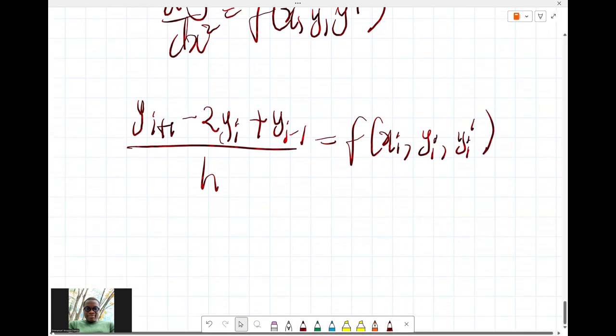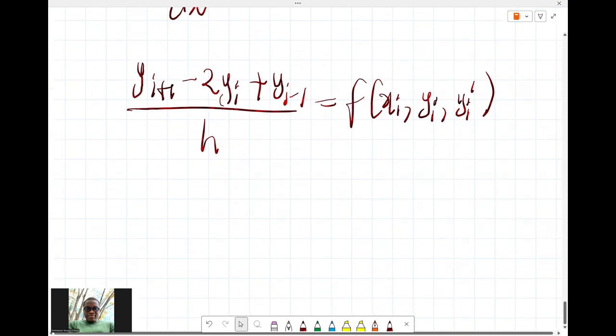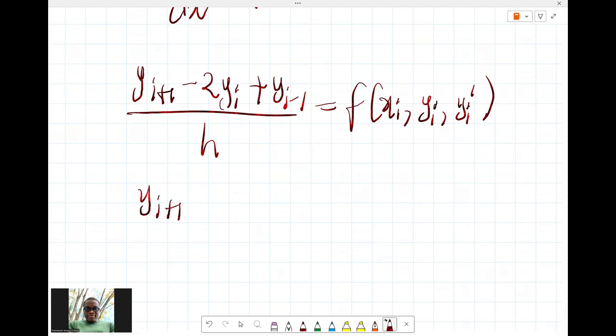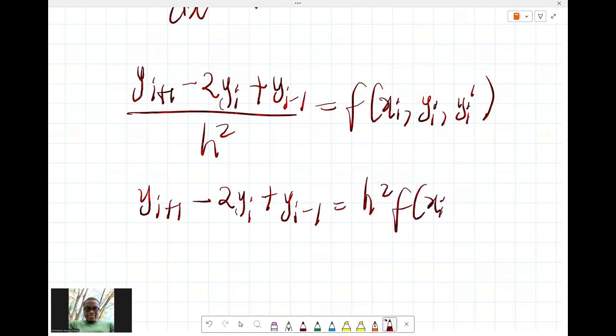So then we can cross multiply, right? So that we have yi plus 1 minus 2yi plus yi minus 1 equals, this is h squared actually, so h squared multiplied by f of xi, yi, yi prime. Okay.